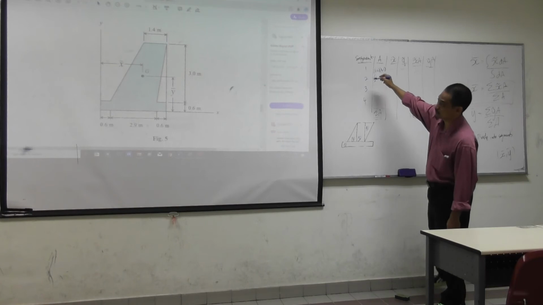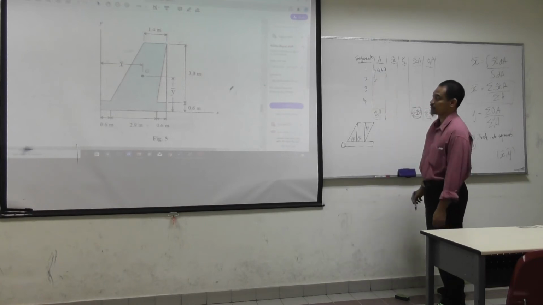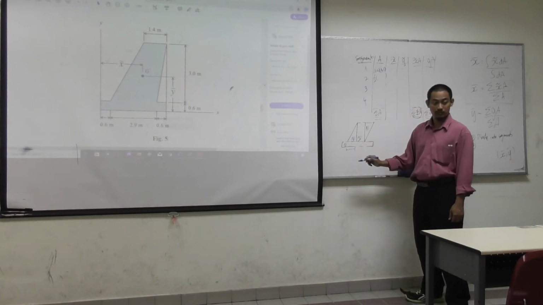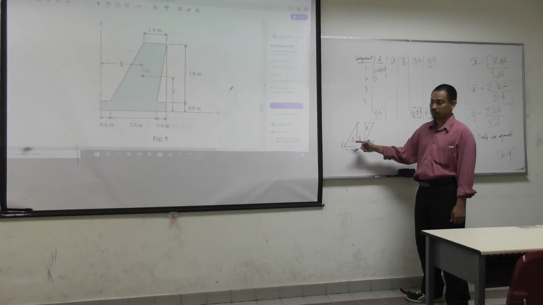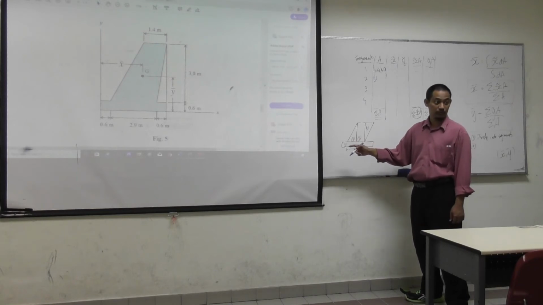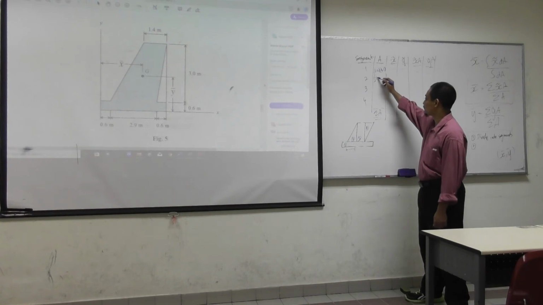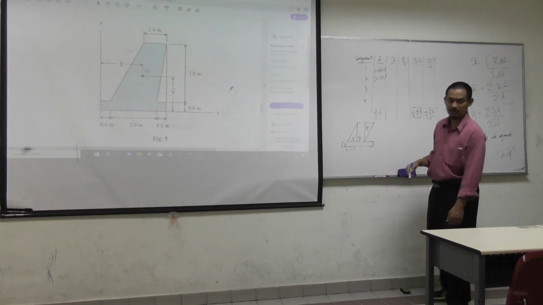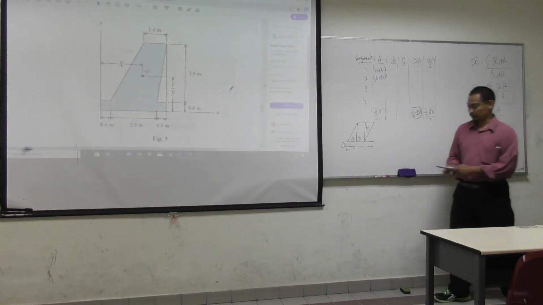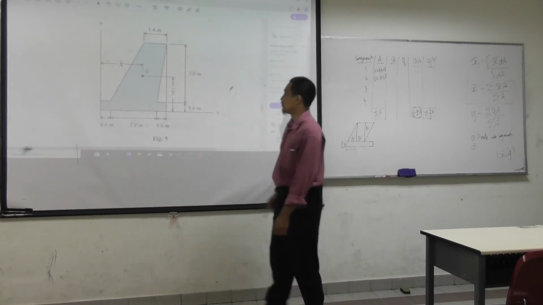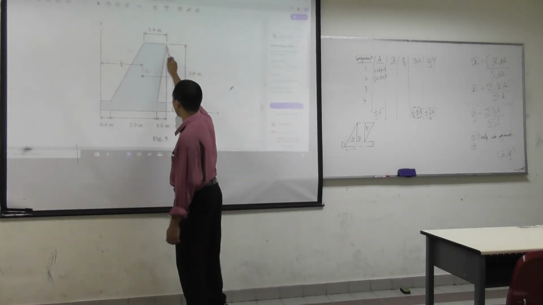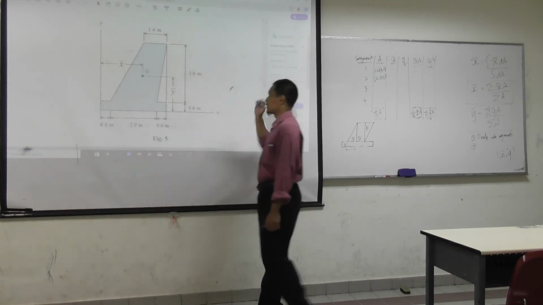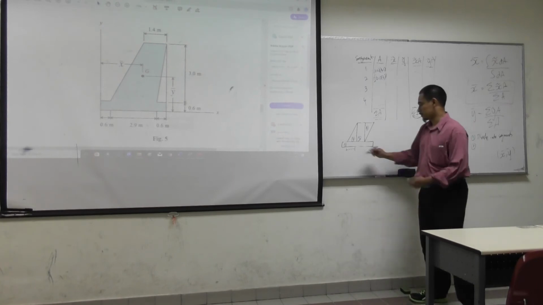Half times what's this length? 2.1. How do you get 2.1? You have this one minus this one, so 3.5 minus 1.4, which is 2.1.